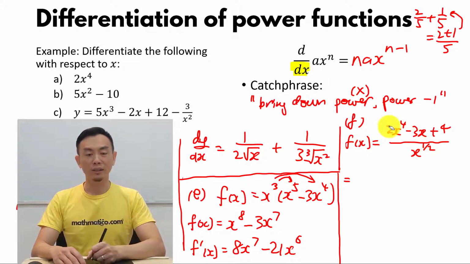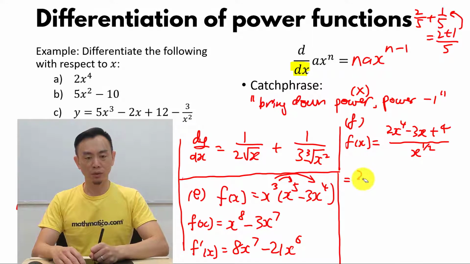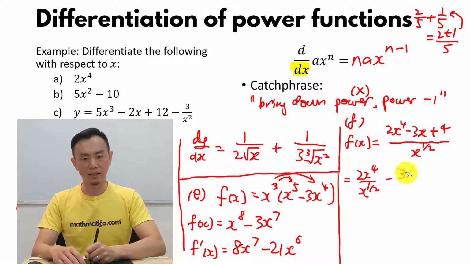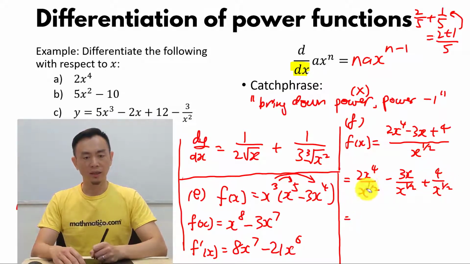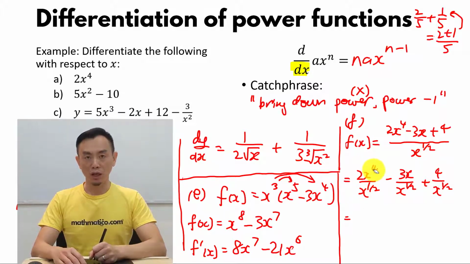So we break this down into 3 terms. You have 2x to the power of 4 over x to the power of half, minus 3x over x to the power of half, plus 4 over x to the power of half. Now we will use laws of indices.